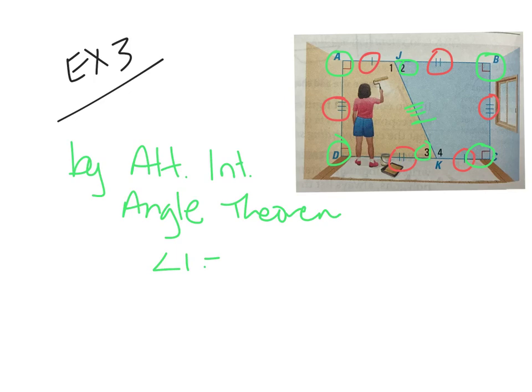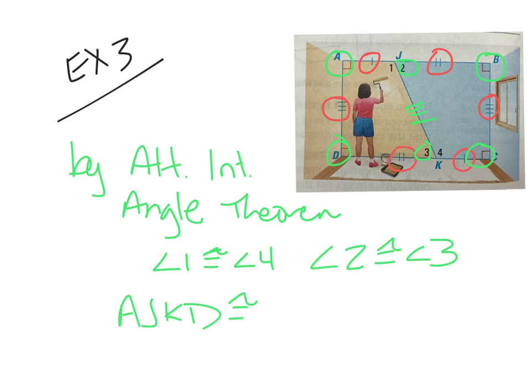Angle 1 is congruent to angle 4, and angle 2 is congruent to angle 3. So because of that, we can say that AJKD is congruent to CKJB. Make sense?